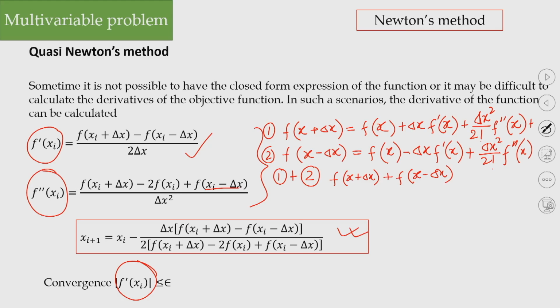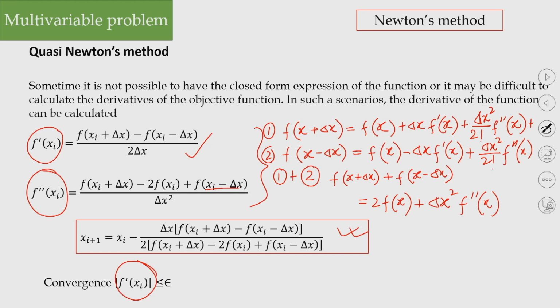The right-hand side is twice f of x. The second term cancels out, plus and minus, and the third term is half and half, so you get delta x square times the second derivative. The fourth term cancels out anyway, so we are not considering it.